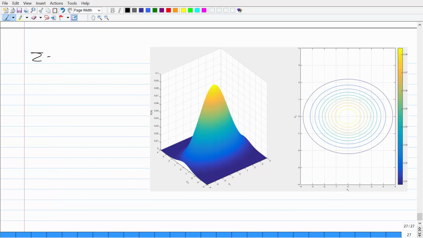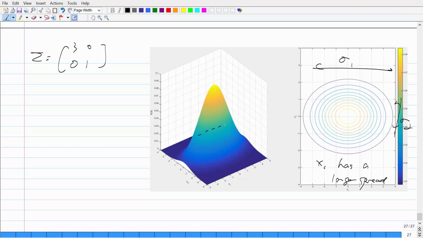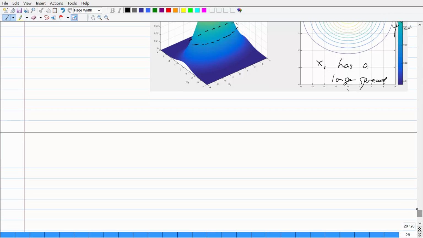So this is 3, 1, 0, 0, and this is sigma 1 and that's sigma 2. You can see that x1 has a larger spread. If you were to do a contour, it looks like that, and if you took individual slices, it looks like that. We've got a couple more before we go on.